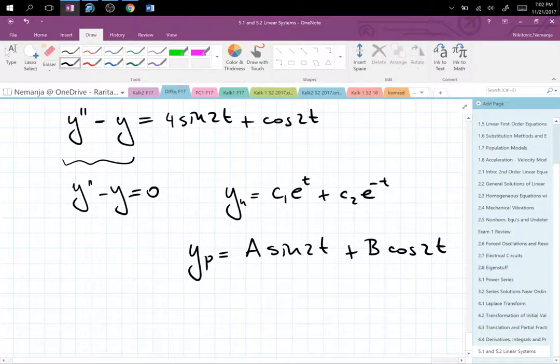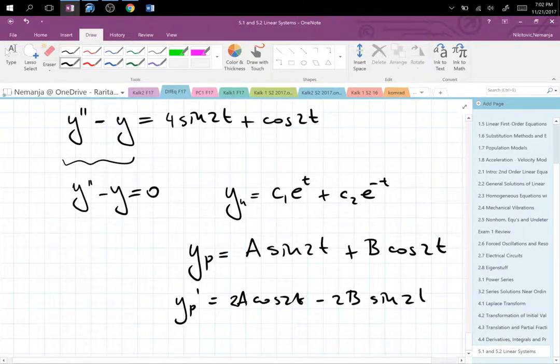Yes. And now we take two derivatives of this one. So yp prime, the first derivative, is 2a cosine 2t minus 2b sine 2t.